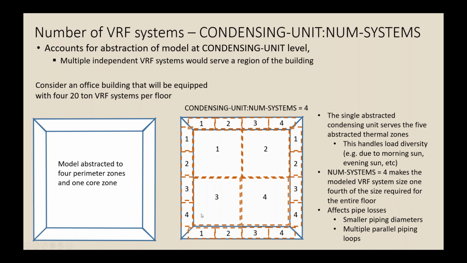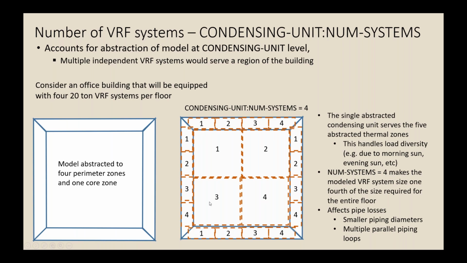I've tried to explain the concept that you might want to do this because of being able to model the simultaneous heating and cooling benefits of a VRF system. You may want to have that system be more broadly attached in your model than it really would be.